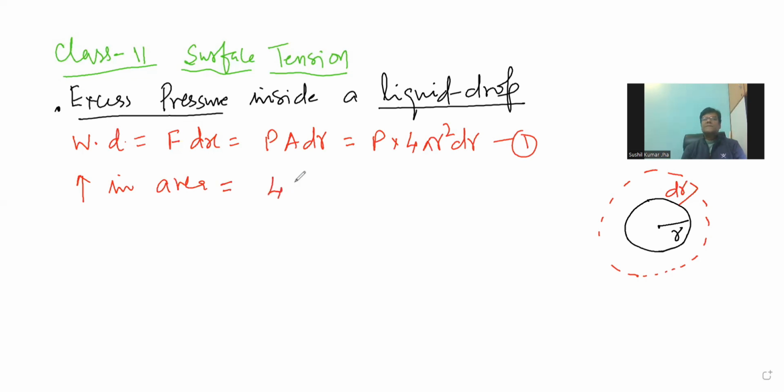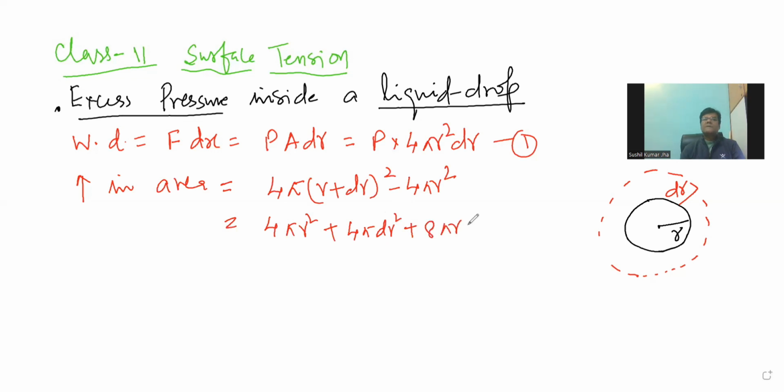Increase in area will be 4 pi (r plus dr) whole square minus 4 pi r square. If we solve, what we get? It will be 4 pi r square plus 4 pi dr square plus 8 pi r dr minus 4 pi r square, which means 4 pi r square gone, and square of a smaller quantity is neglected. So we are left with 8 pi r dr.